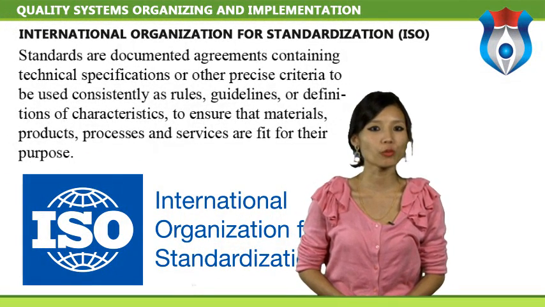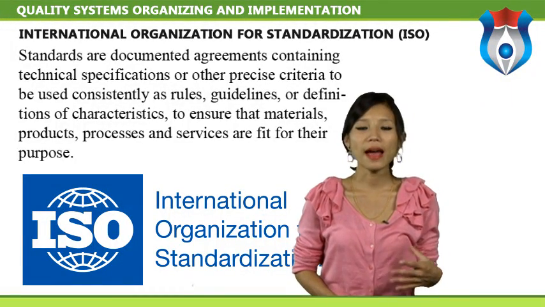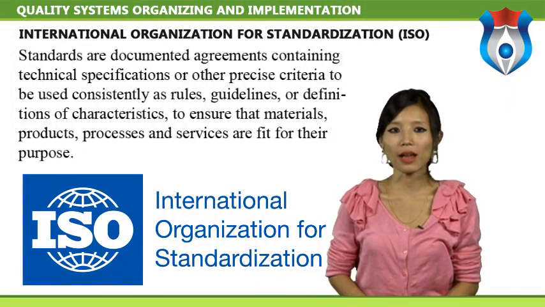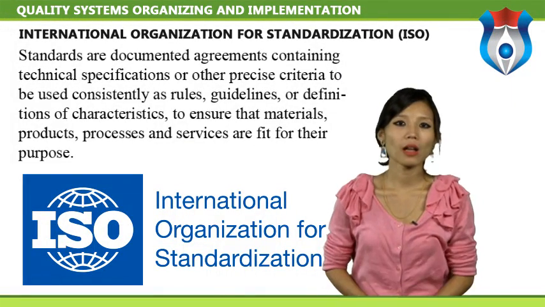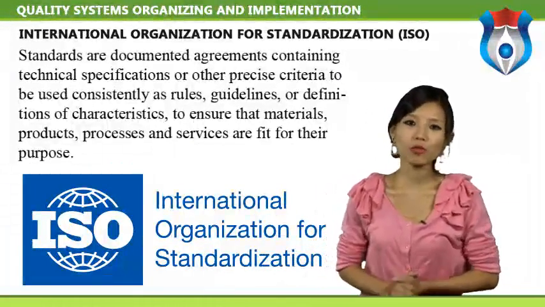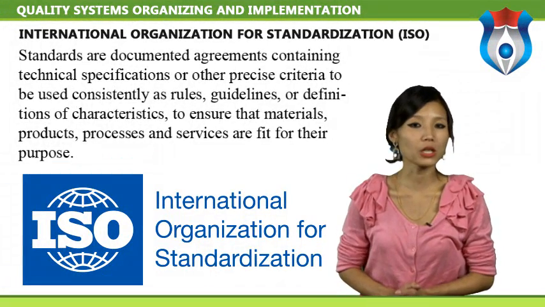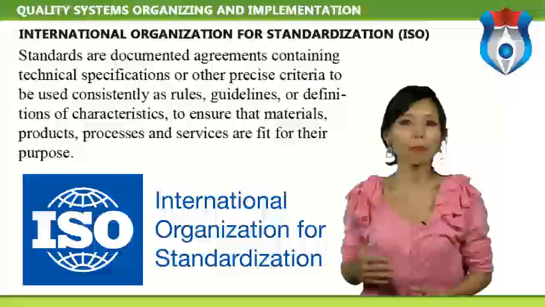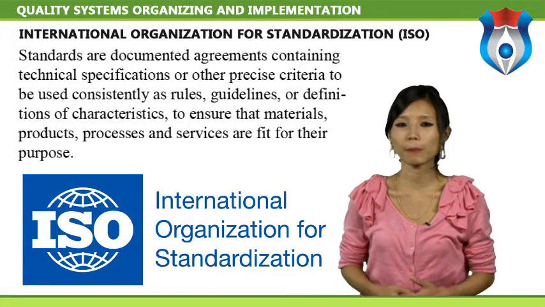International standards contribute to making life simpler and to increasing the reliability and effectiveness of the goods and services one uses. ISO is a worldwide federation of national standards bodies from some 100 countries, one from each country. ISO's work results in international agreements which are published as international standards.